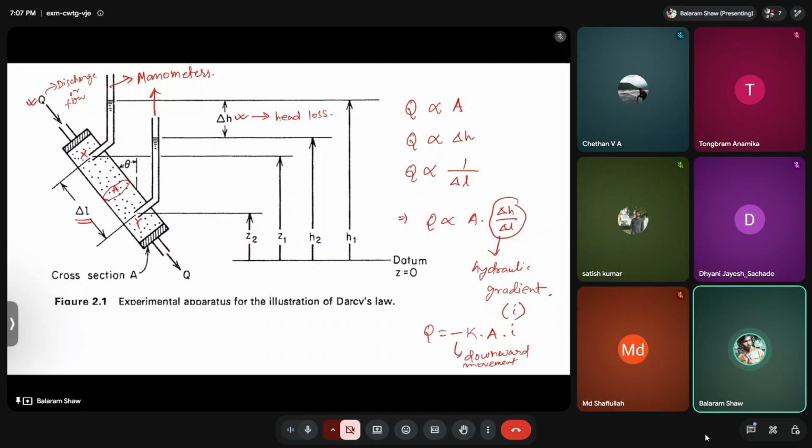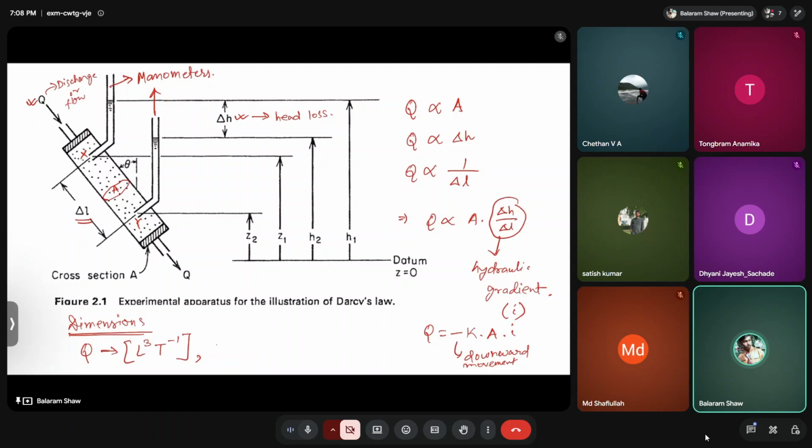If you just see the dimensions, we'll go one by one so that it is easy for you. What will be the dimension of Q? Q will be meter cube per second, so we can write L cube t to the power minus 1. The fundamental dimensions are length, time, and mass. Here we don't have any mass. Hydraulic conductivity is meter per second, hence it will be L t to the power minus 1.